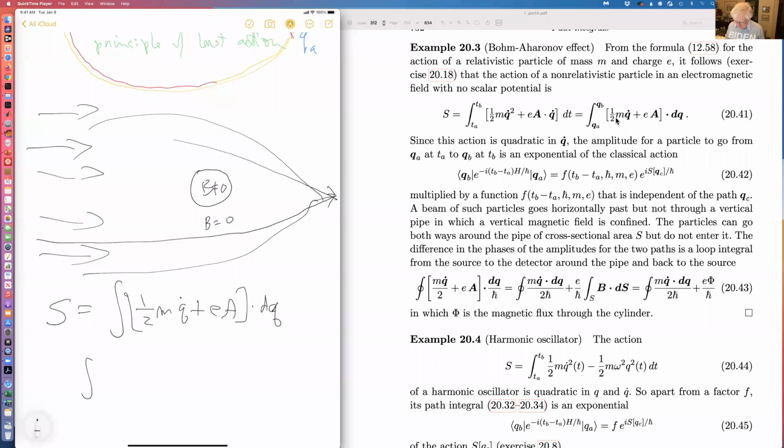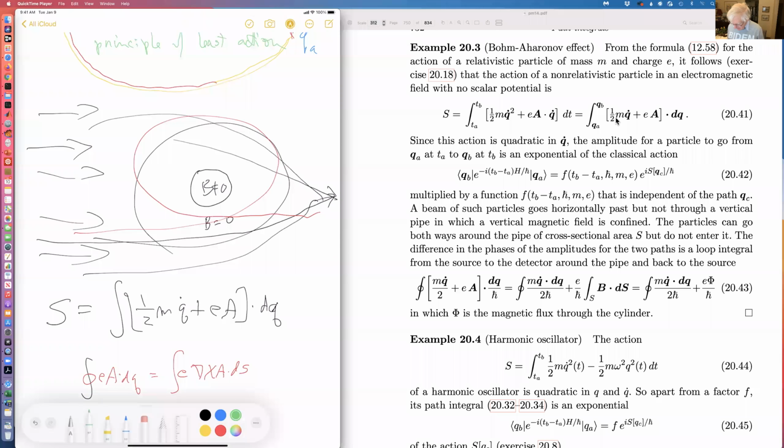the integral all the way around, so maybe I should switch to a different color. The integral of A dq around the solenoid is an integral of eA dot dq, and that is an integral of e curl of A dotted into the surface area enclosed in the loop.